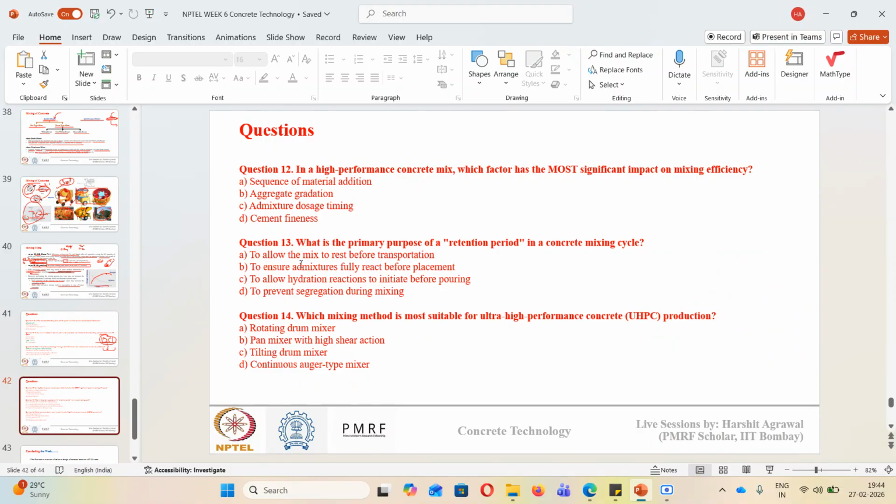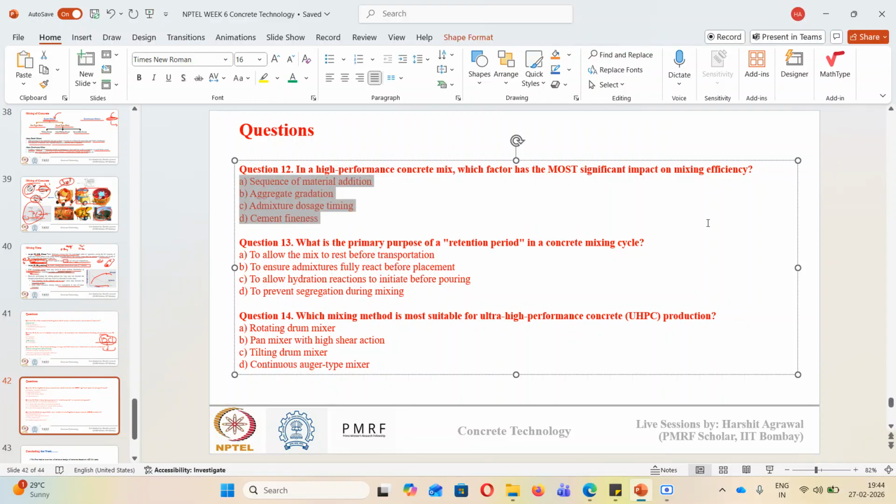Now question number 12, in high performance concrete which factor has the most significant impact on mixing efficiency? Can anyone tell me? For high performance concrete, which one of the following factors will have the most significant impact on mixing efficiency?